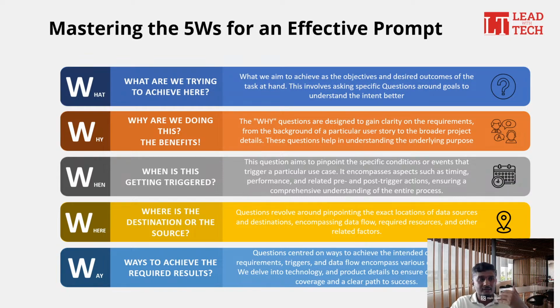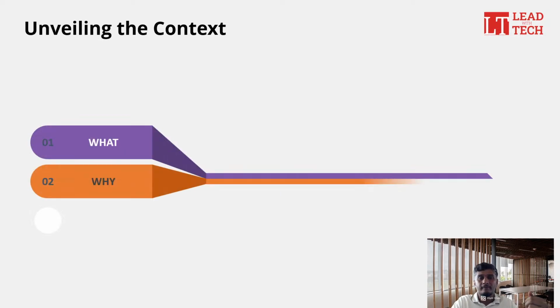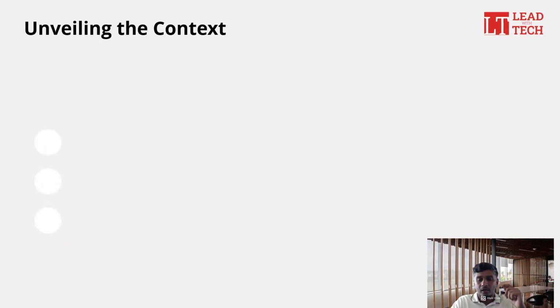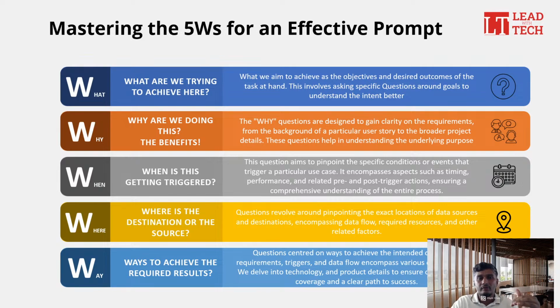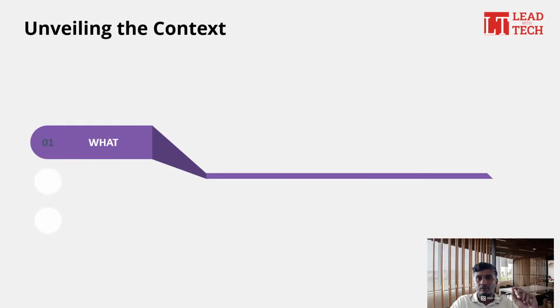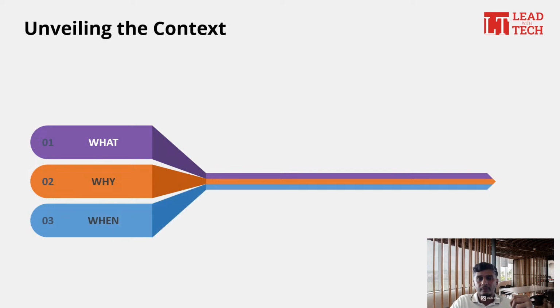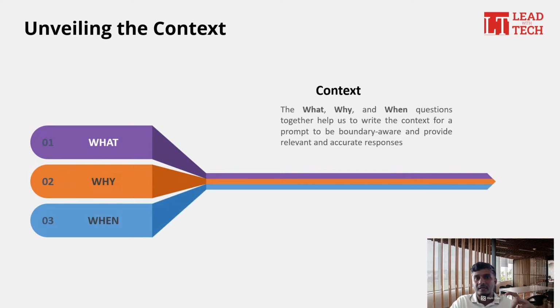Now let's deep dive into this a bit, right? We saw 5 questions here: what, why, when, where, and way. Now how do the answers to these questions relate to the prompt? What I have seen in many places is that the what, why, and when directly give you the context that you want to update in the project or in this particular file.